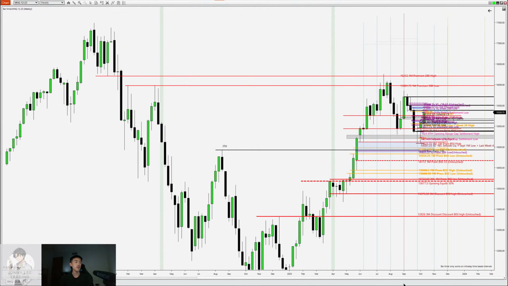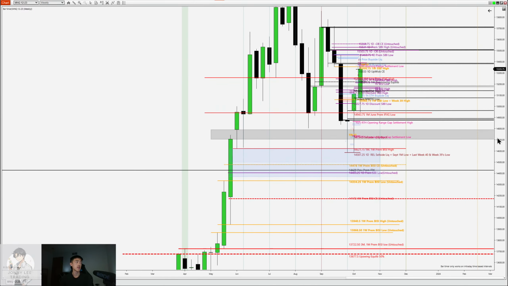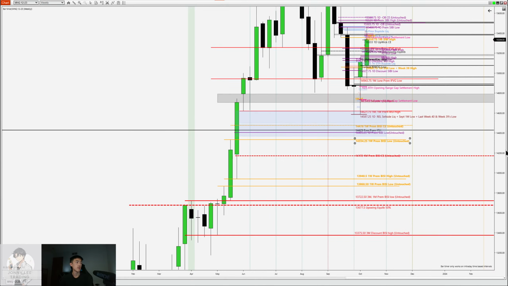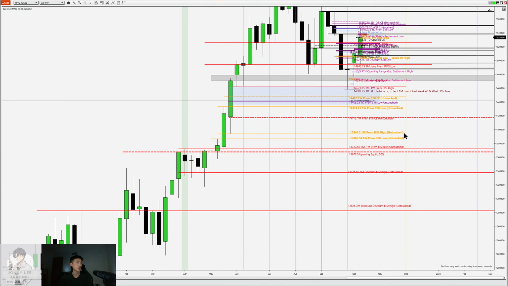So let's take a look at these a little closer. You can see a lot of weekly, mind you, the weekly levels are my yellow lines here. All of that is weekly imbalance that we could trade to. And actually, this entire upswing from back in April, that midpoint is down here.